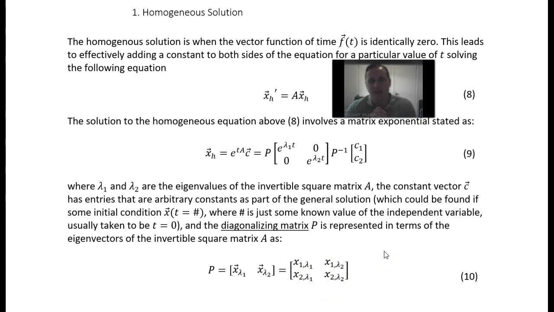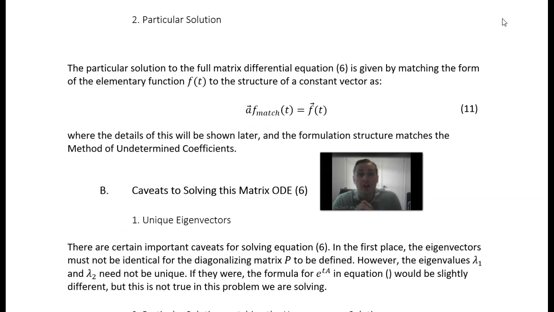So the solution here with respect to the particular solution is going to be the following: with the method of undetermined coefficients, the particular solution to the full matrix differential equation is often given by matching the form of the elementary function, that's f of t.